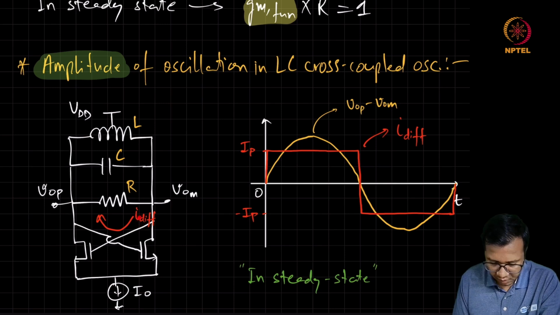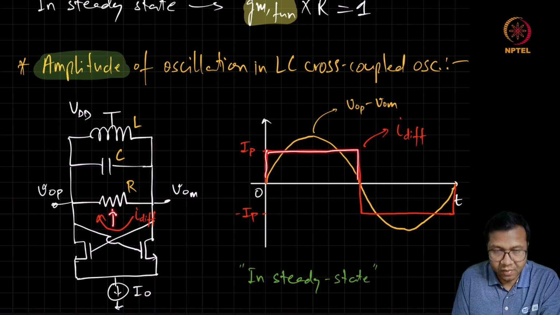Now from this current waveform, we can see that when this kind of non-sinusoidal current flows into this tank, the tank is going to filter out all the harmonics and only the fundamental is going to appear at the output.